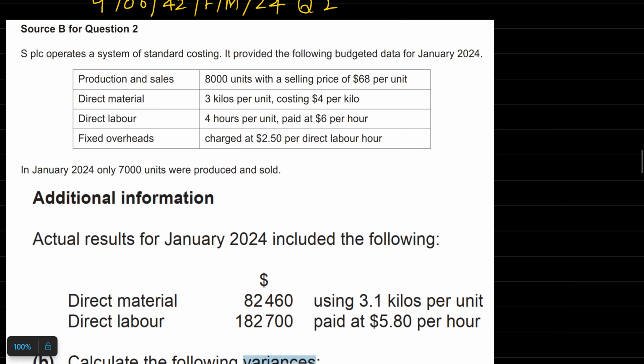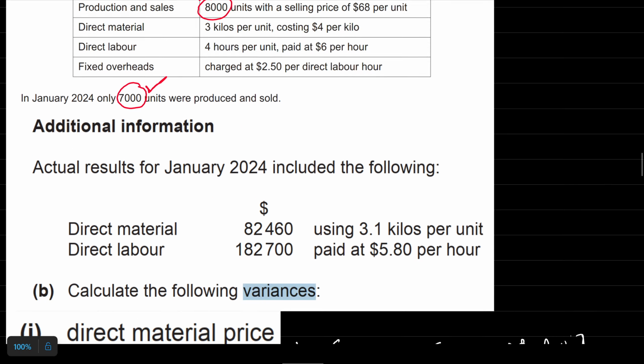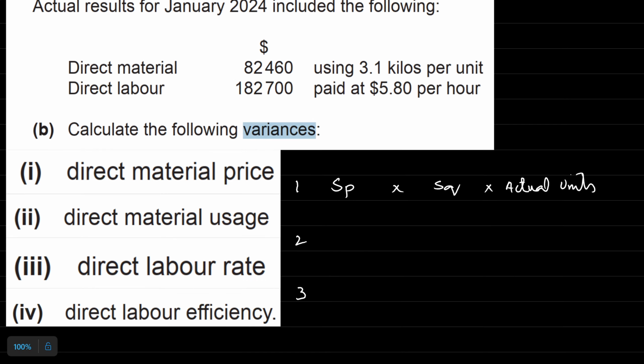Students, in this question, budgeted units of product are given as 8,000, while actually they were able to produce 7,000 units. All calculation will be done with actual units. We will not be using standard units. In the third line, actual price, actual quantity, and actual units.